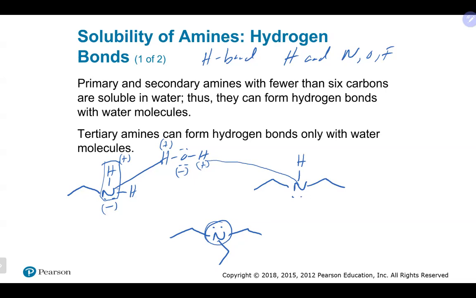They cannot actually hydrogen bond with themselves, but they can hydrogen bond with water, and it's really going to be able to hydrogen bond only through here. The hydrogen from the water is actually going to be able to bond to the nitrogen, but it cannot hydrogen bond, for example, with itself and water molecules.